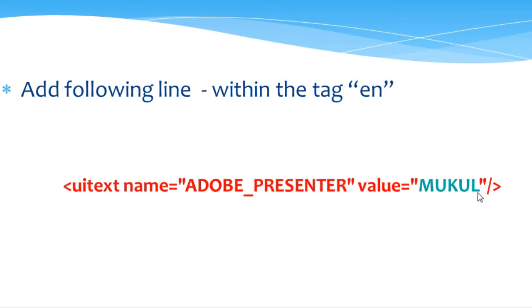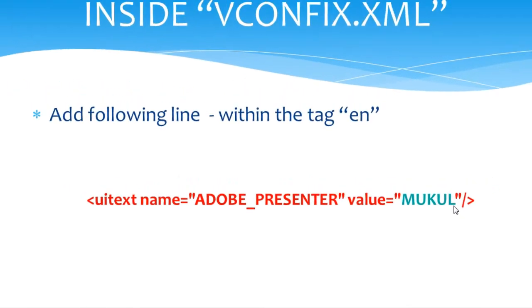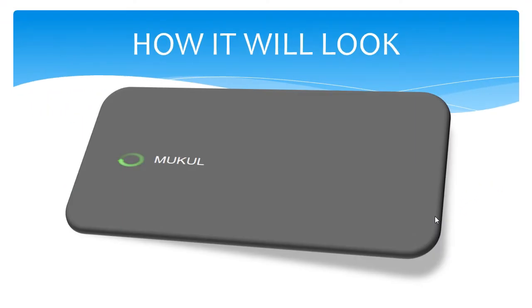So this is the text which you need to add. And once you do this, this is how your preloading screen will look. Without wasting any time, let us see a quick demo on how to achieve this.